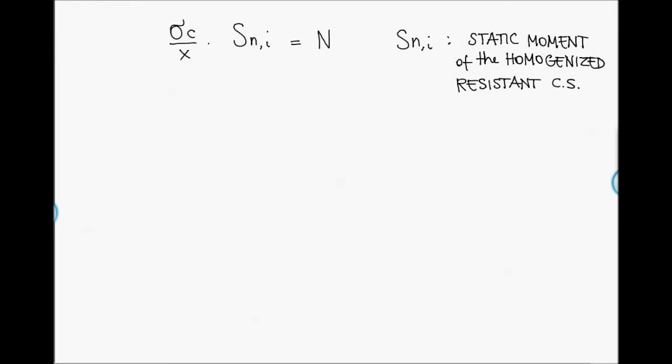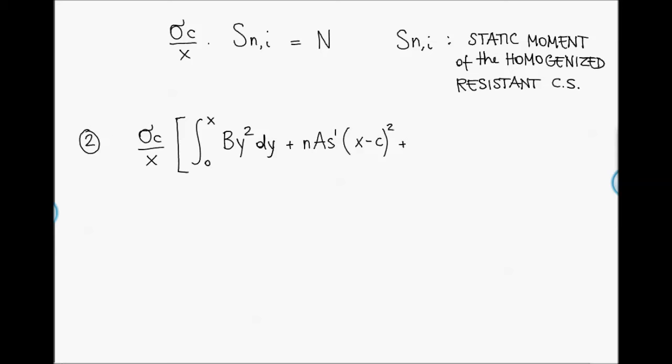Well, from the second equilibrium equation, so from the rotational equilibrium equation, by substituting the values of the stresses, we obtain, well, we take out the term sigma c over x that multiplies these quantities, equal to N by dN.